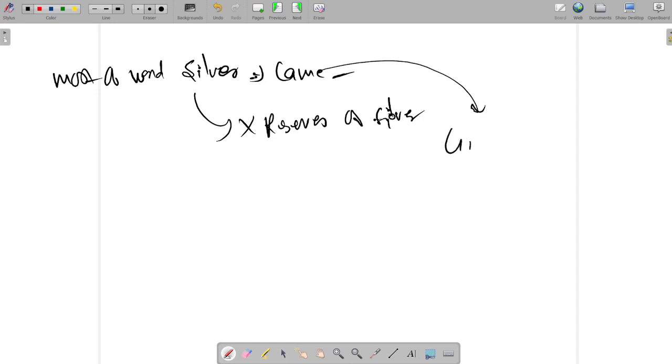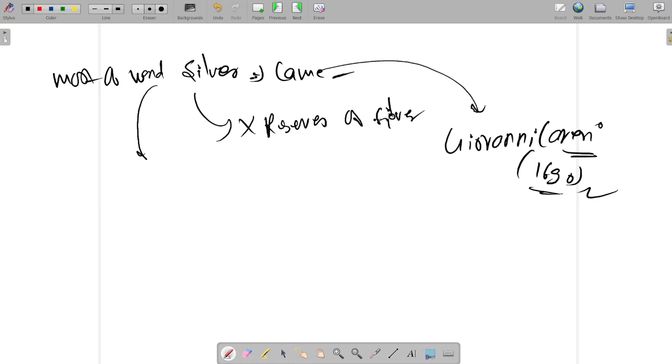This is according to Giovanni Careri, who visited India in the 1690s. During his expedition, he said that the majority of the world's silver traveled to reach India. This can also be seen from the Mughal coins and later British coins, which were minted in silver.